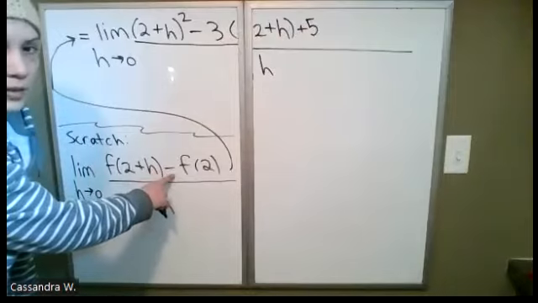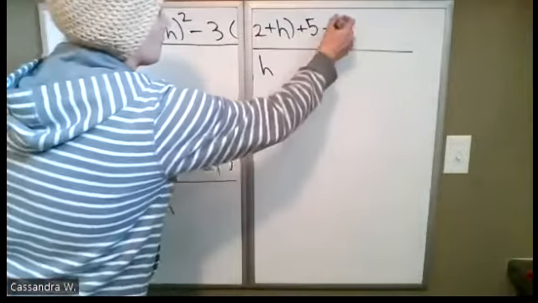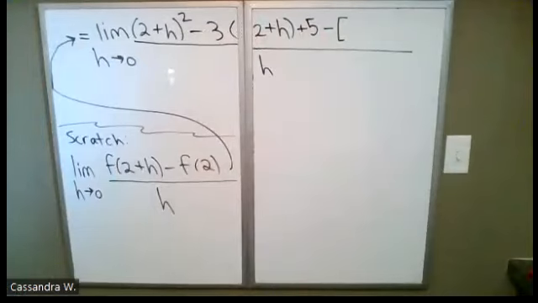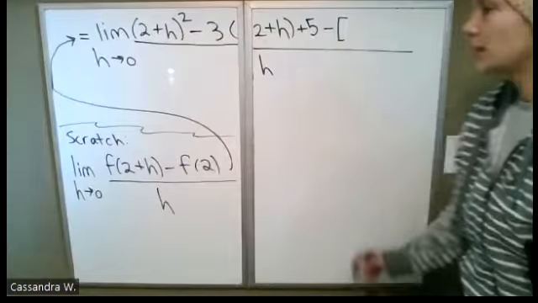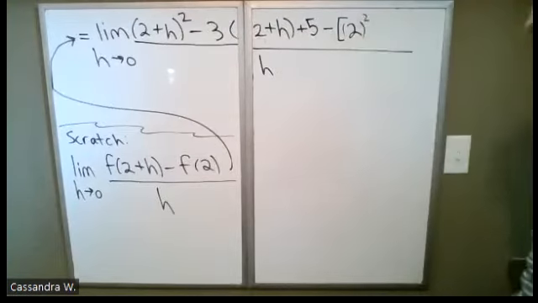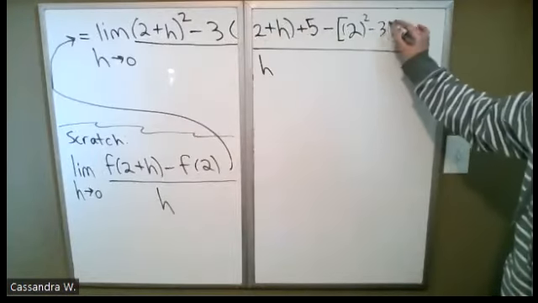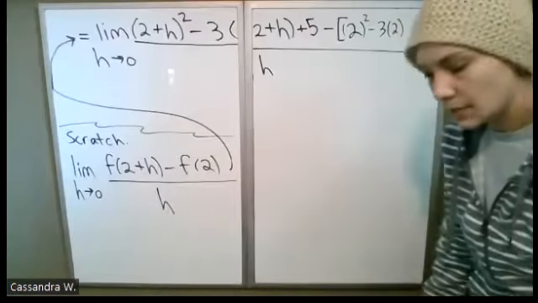Okay, minus f of 2. So you're putting in 2 for your function. We're going to have 2 squared minus 3 times 2 plus 5.